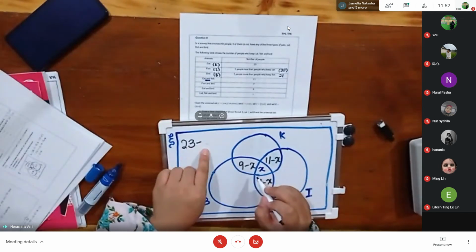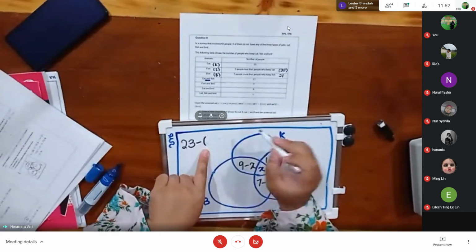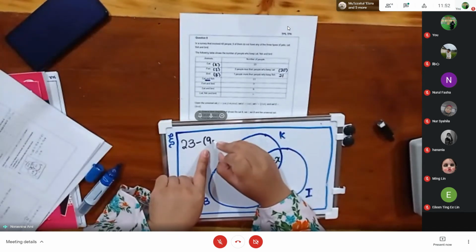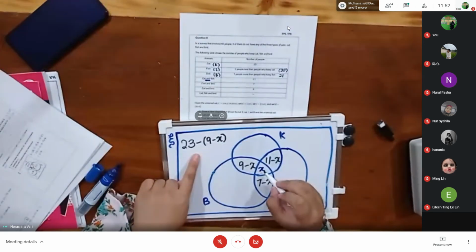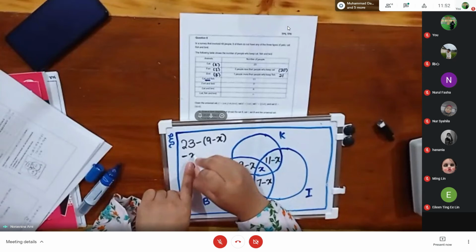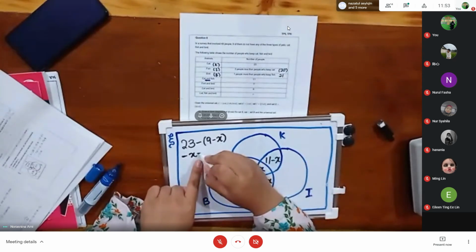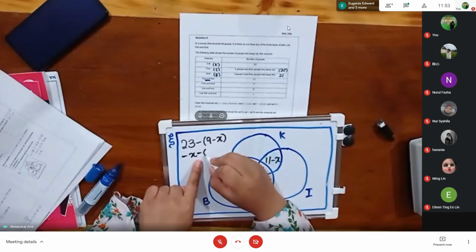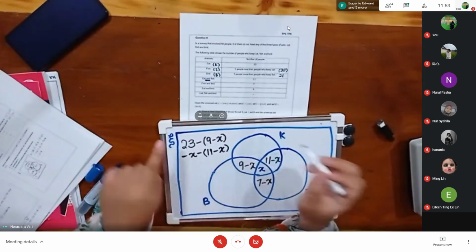First, we minus 9 minus X, we must put the bracket. And then we minus again X. Then minus this part too, don't forget to put the bracket, 11 minus X.